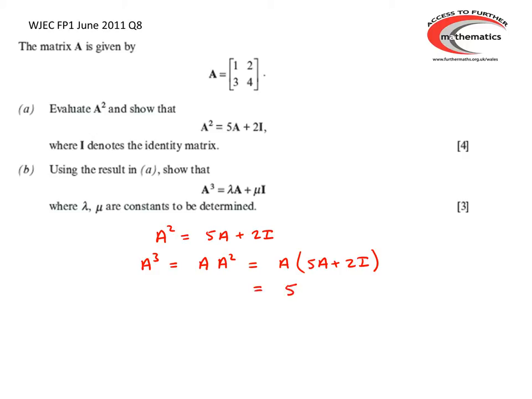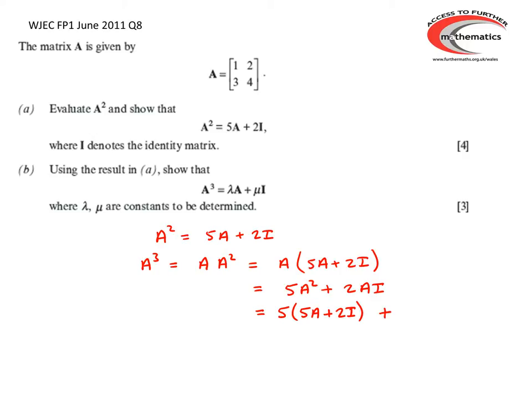So that is 5A squared plus 2AI. Now we know that A squared is 5A plus 2I, so that is 5 lots of 5A plus 2I plus 2AI.